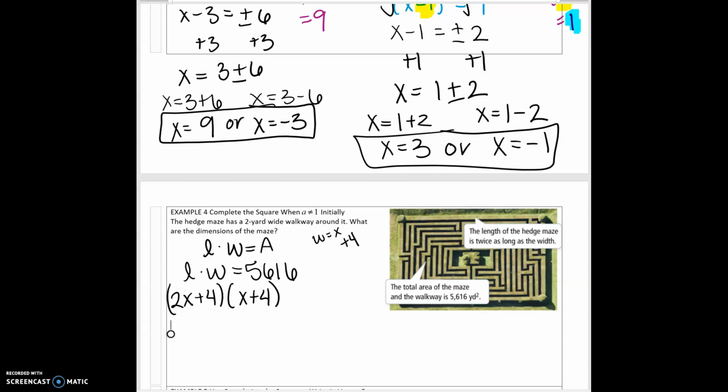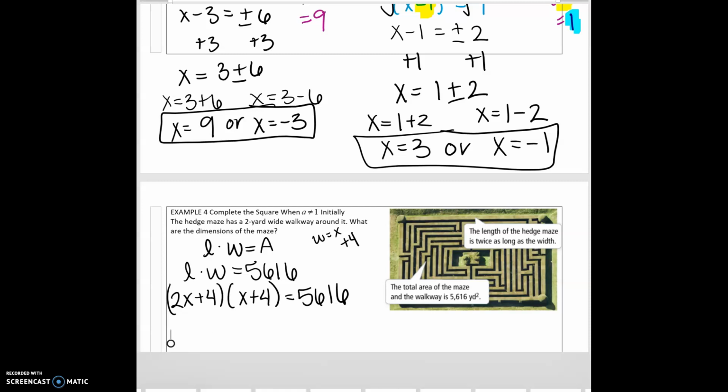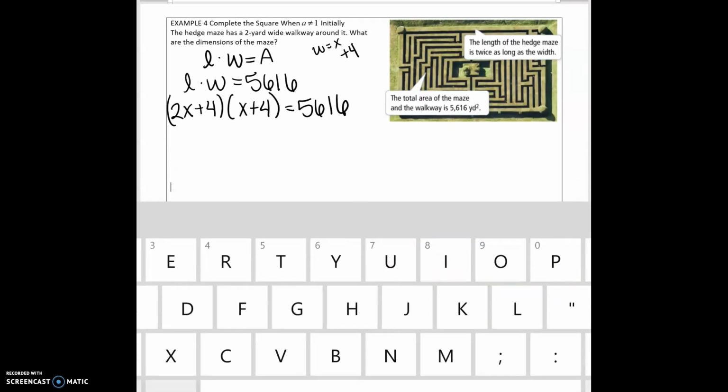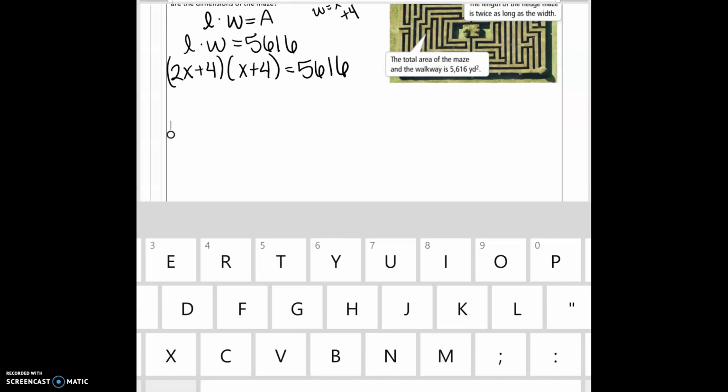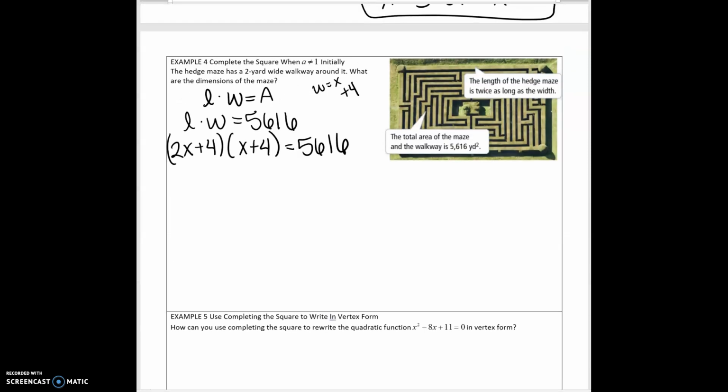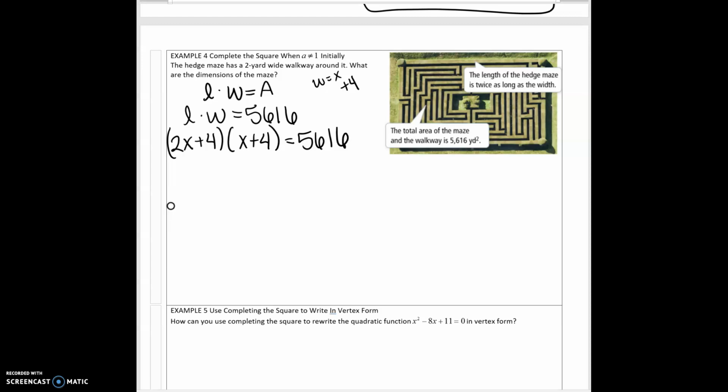So here's our length, here's our width, and we know that it equals 5,616. I'm going to add some space here. Our next step is going to be to FOIL this, or use the box method. I'm going to go ahead and FOIL.